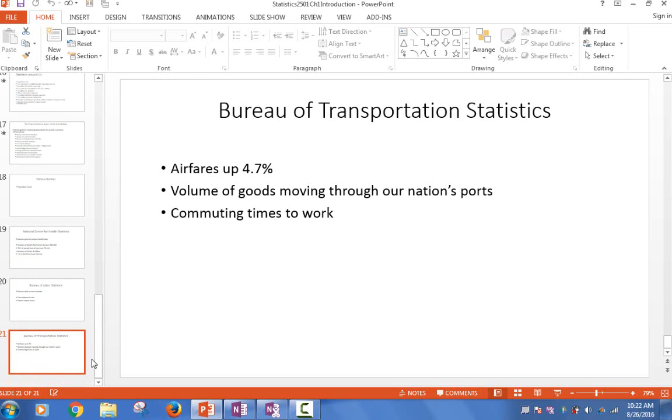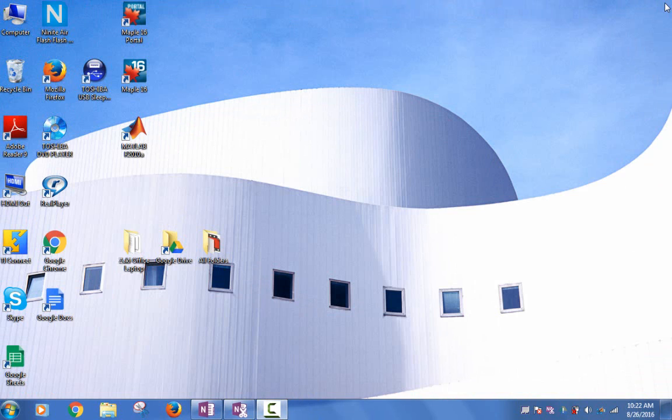Okay, so that gives you some ideas about some of the agencies in the government who do statistics for us. So you can go to their website in future if you need some sort of statistics like this. You can go to their website and just get it for free. And nowadays there are also some private companies who would provide you with data.